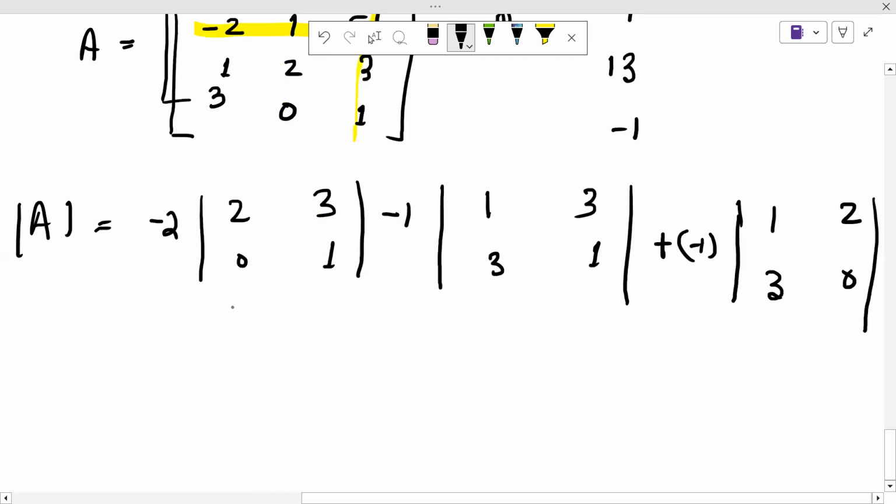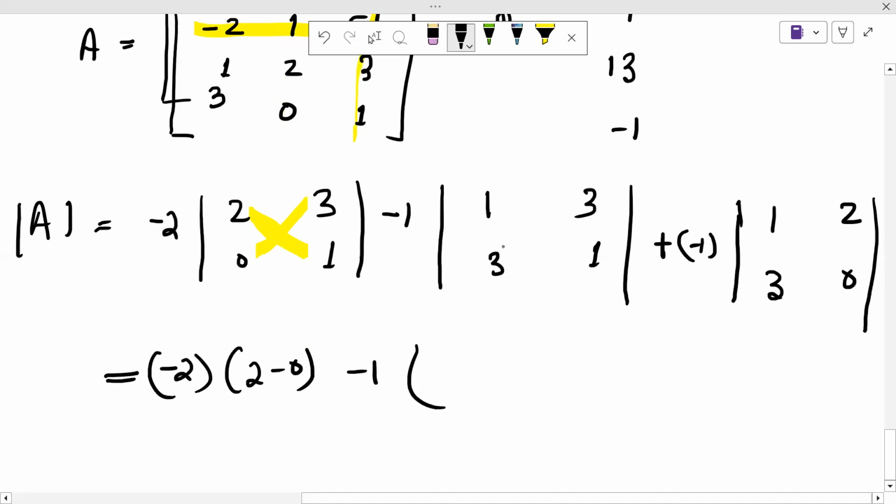So what is the value first? -2 into the determinant of this: you multiply this by this, minus this by this. That is 2 minus 0 minus 1, and this into this, 1 minus 9, plus -1 into 0 minus 6.